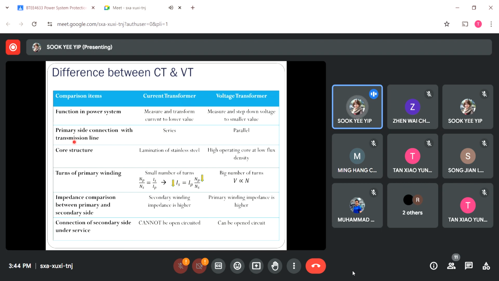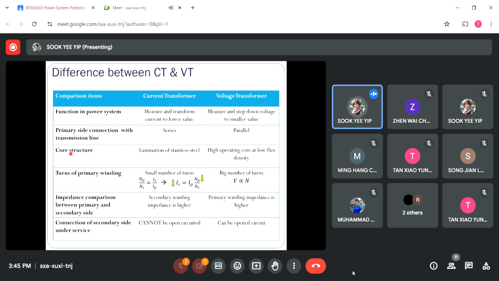Whenever we have series connections with the transmission line, the construction of this primary winding must be strong enough to withstand the maximum current capacity from the power line, even under fault conditions. How about for the voltage transformer? It's like a wattmeter. It has to be connected in parallel with the transmission line, measuring either phase-to-phase or line-to-line voltage.